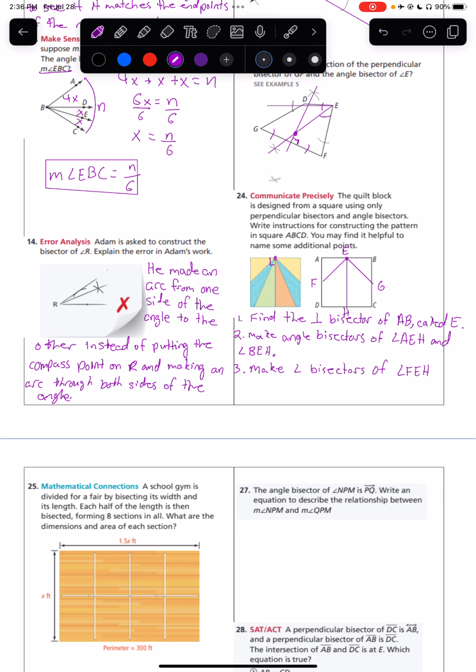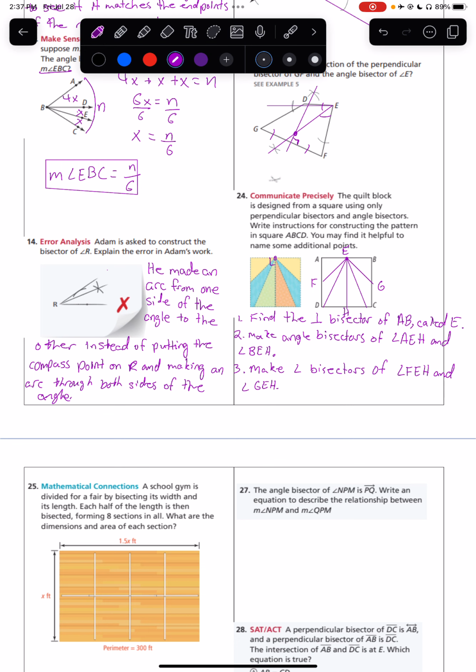FEH, we can draw that in there. And angle GEH as well. And we can draw that in there as well. They're not exact because I can't draw exact lines with this program, but that is the directions on how we would make that pattern.